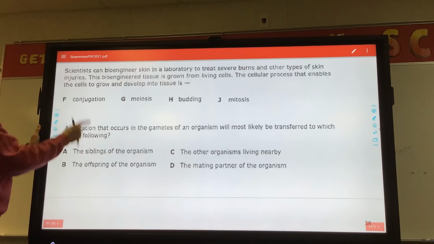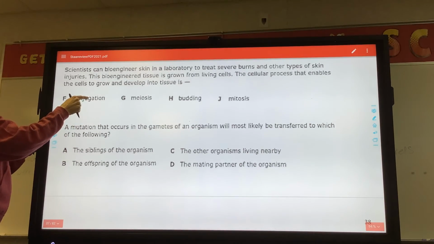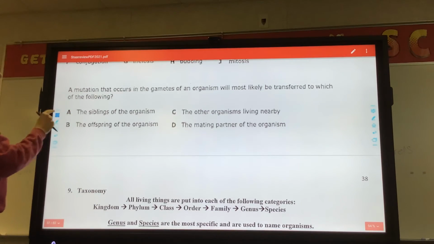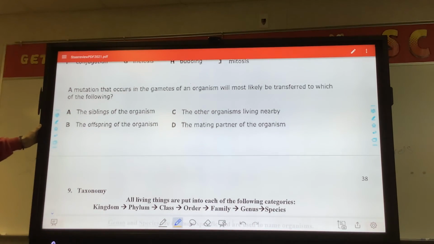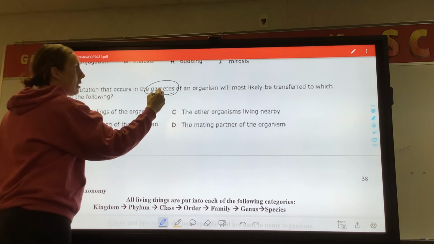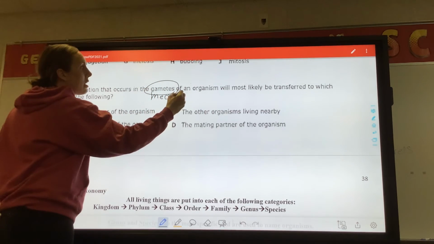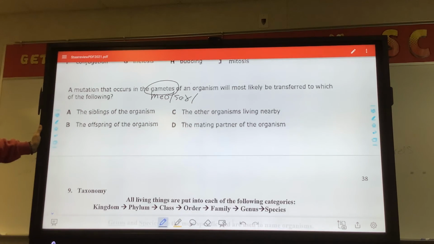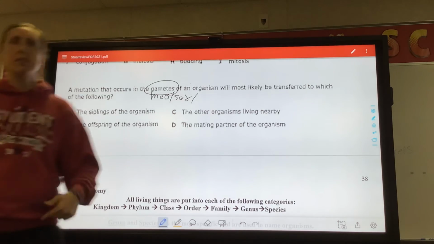Okay, we already had this question. Did you notice I put it on twice? Yes. Sorry. Okay, and the last question: a mutation that occurs in a gamete. Okay, so right now, gamete, meiosis, sex cells. The gamete of an organism will most likely be transferred to... So what is a gamete?